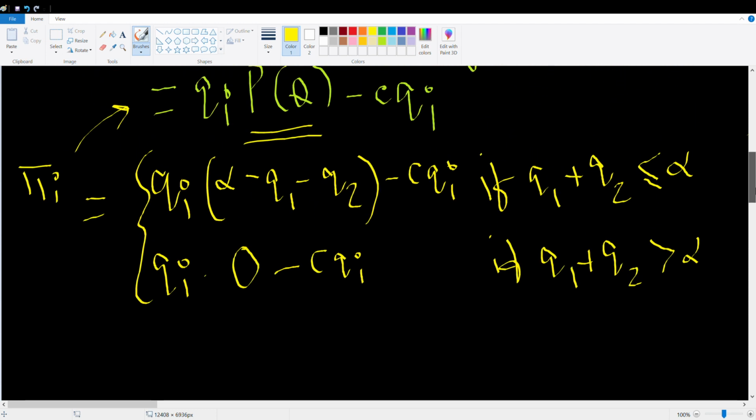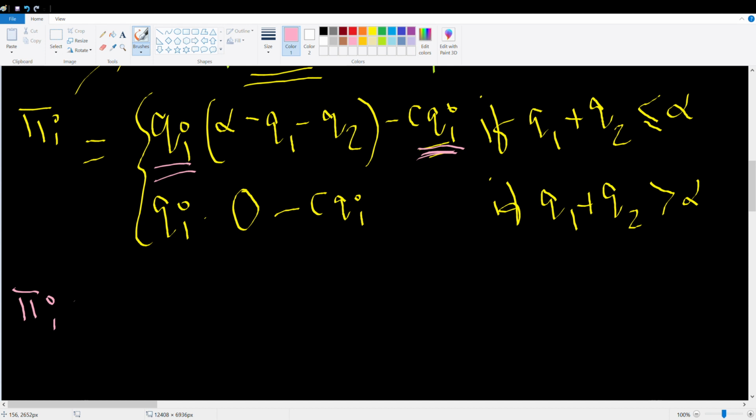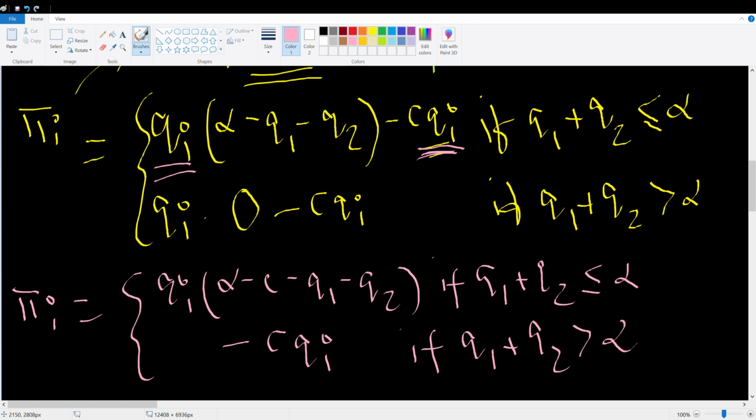So we could just do one more thing. One last step would be to see that the Qi term can be taken common, right? So if we do this one last step, we can write our profit function as Qi times (alpha minus c minus Q1 minus Q2) if Q1 plus Q2 is less than or equal to alpha, and minus c Qi if Q1 plus Q2 is greater than alpha.